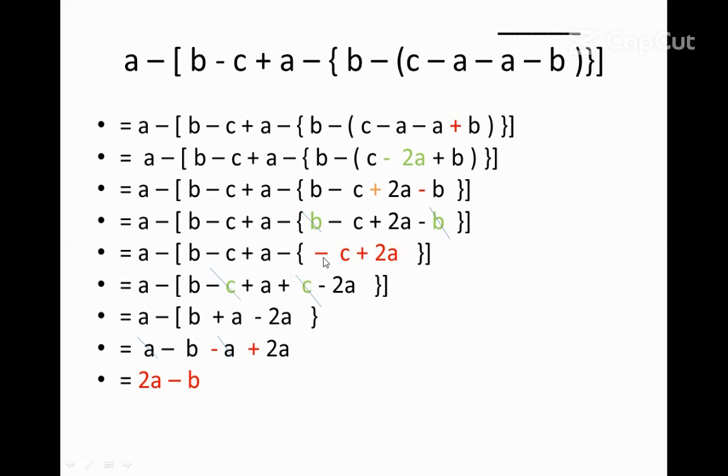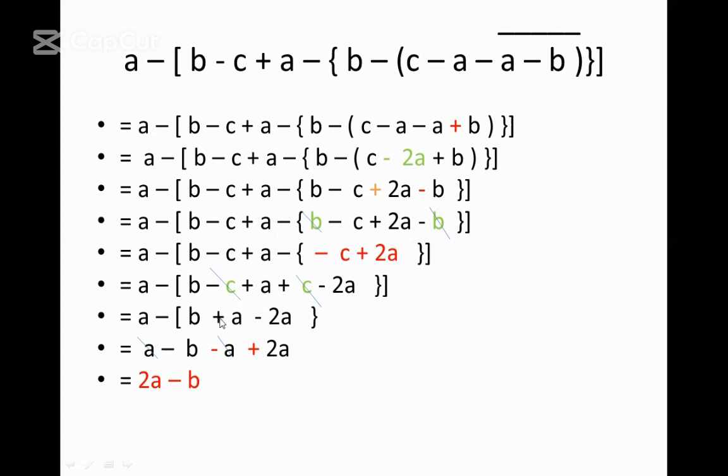Now this minus and minus will be converted into plus, then minus and plus will be converted into minus. And now here, if you can see in this bracket, we have minus c and plus c. Now they both will be cancelled out.